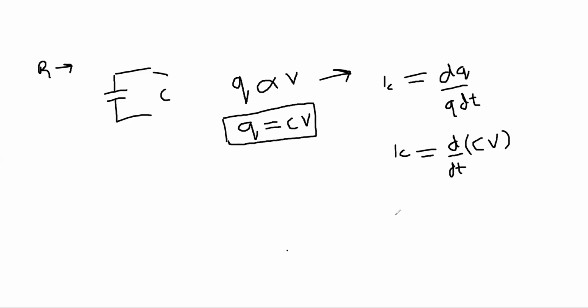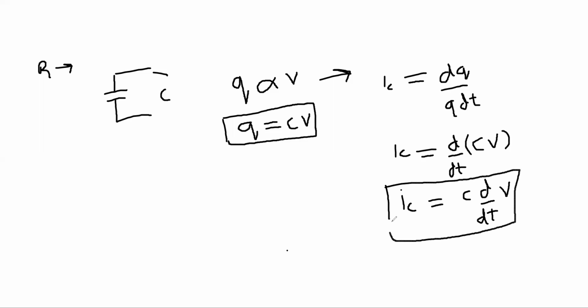The capacitance C is constant, so you can take it out. What you will find is C times d by dt of V. This is the expression of capacitor current, and you have to keep this equation in your mind always.